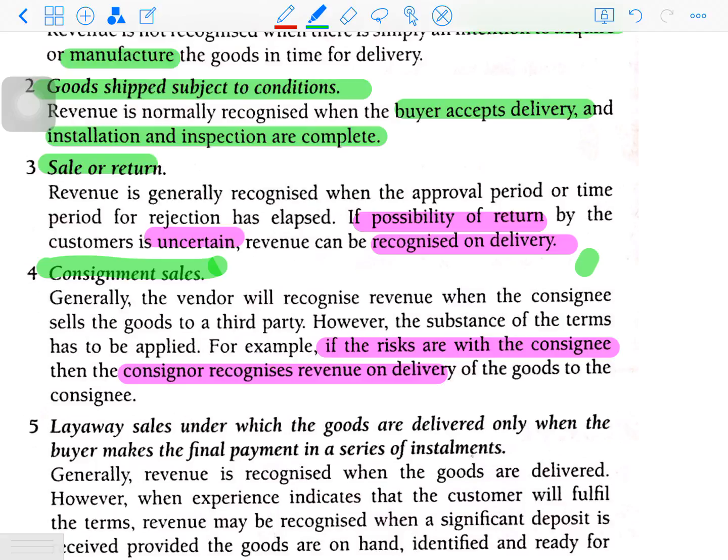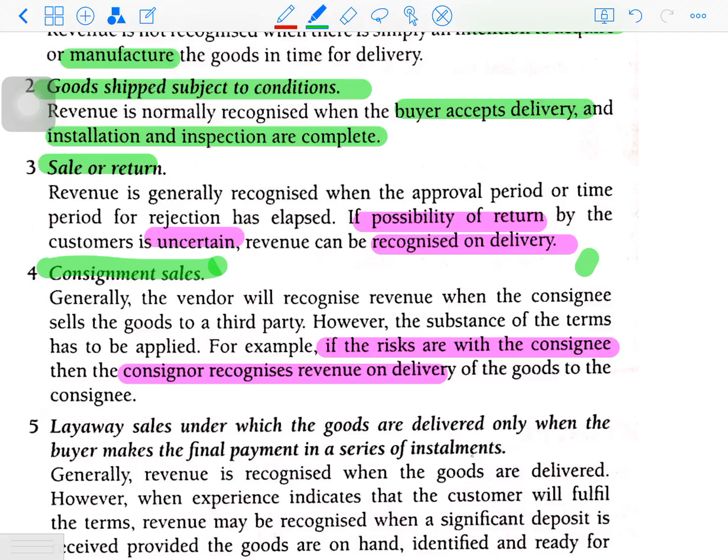Contohnya dia hantar barang, dia dah buat perjanjian dengan tuan kedai tu. Gardenia hantar barang hari ni, tuan kedai tu dia dah bersetuju beli semua contohnya. Kalau tak laku dia kira rugi contohnya. Kalau agreement dia macam tu, Gardenia boleh recognize profit when the goods are delivered to the kedai tu.